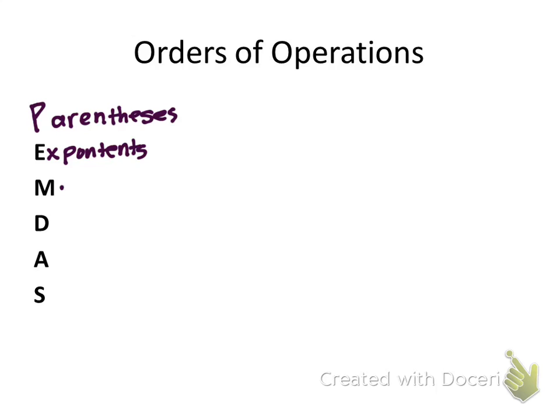M stands for multiply. D stands for divide. A stands for add. And S stands for subtract. These are the different orders of operations. A good way to remember them, that's a classic way, is please excuse my dear Aunt Sally.